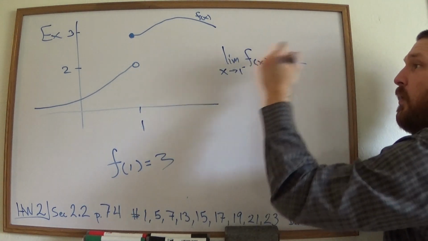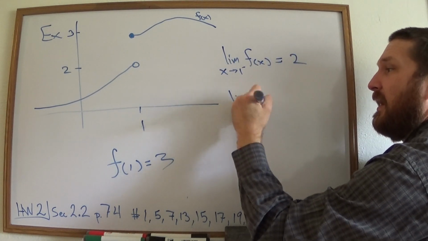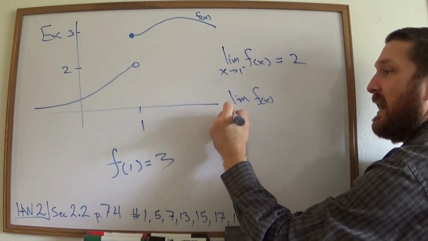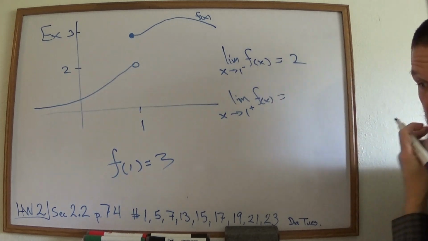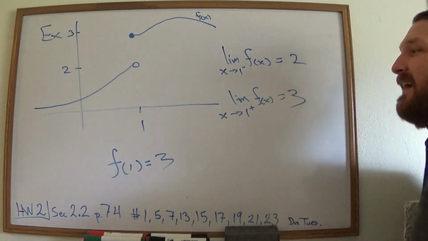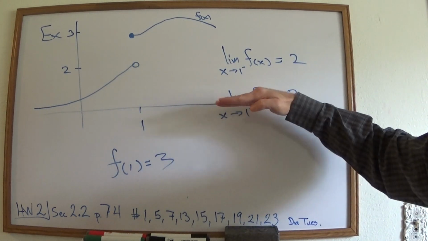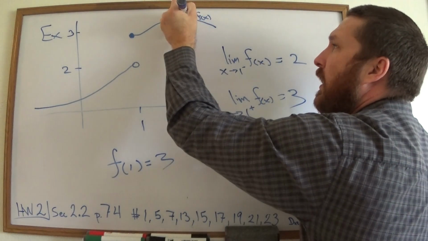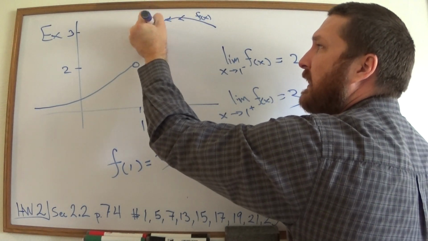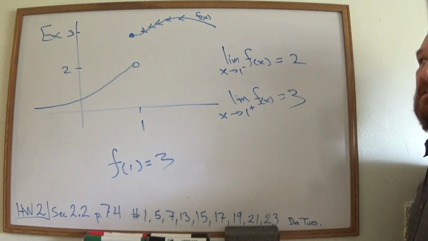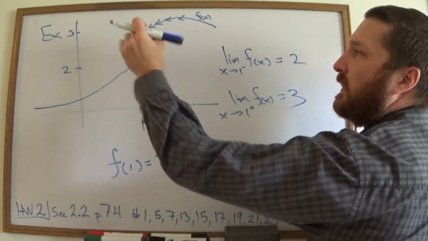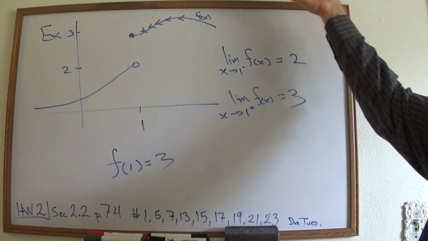2. What's the limit of f of x as x goes to 1 from the right? 3, right? So you're just imagining, you're plugging in values, so what's happening? As we approach from the right, everything that's happening at 1, you don't even need to consider. You're just asking yourself, what am I getting closer to?